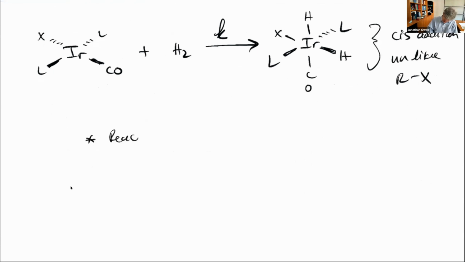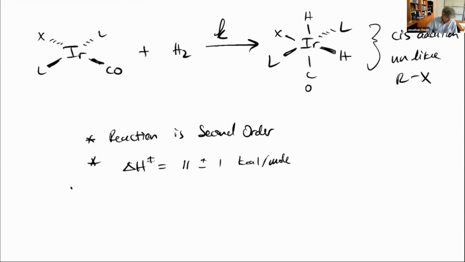So the reaction is second order. It has a delta H double dagger of 11 kcals per mole for the chloride isomer. And the delta S double dagger is minus 21 entropy units. Again, in support of an association of two molecules that's consistent with the second order mechanism.